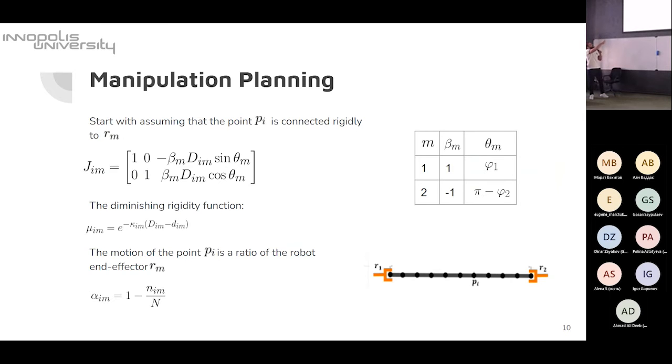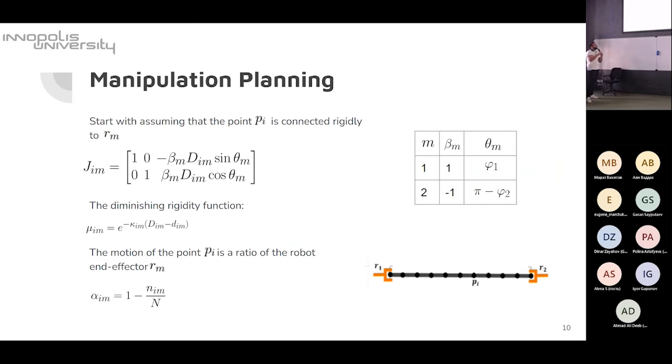The Jacobian here is still a rigid Jacobian, as if there are rigid links between Pi and Rn. Then we define the diminishing rigidity function as an exponential function, based on the literature research.